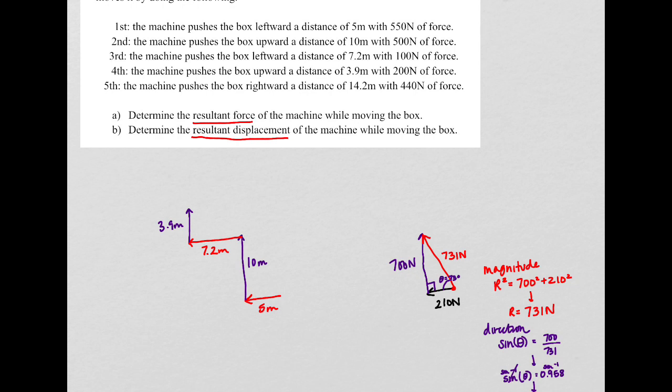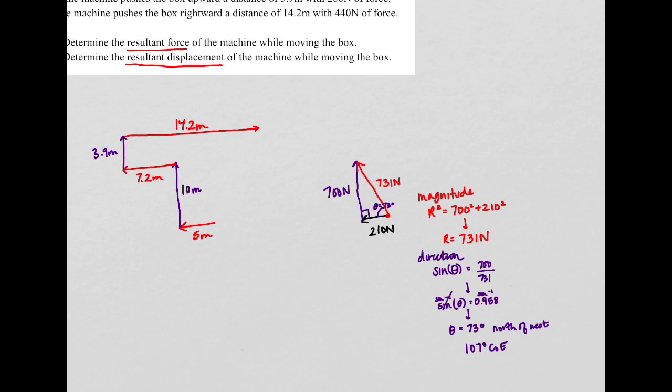And then finally, we have to the right a distance of 14.2 meters. Alrighty. So what we're going to do is the exact same thing we just did, but our resultant vector is going to look a little bit different here. Maybe not that extreme, a little bit less than that, like right here maybe. That would be probably more accurate. So that's what our resultant's going to look like.